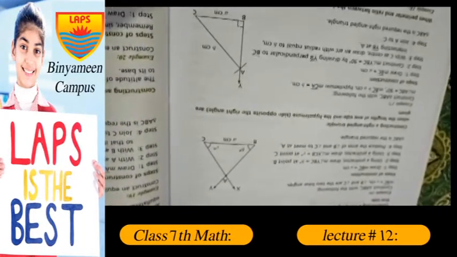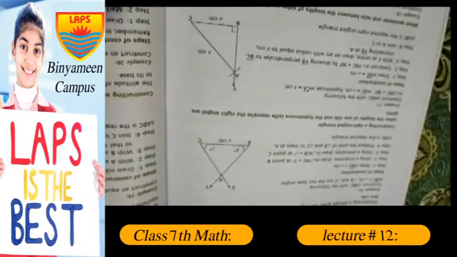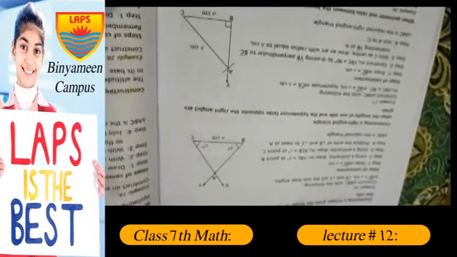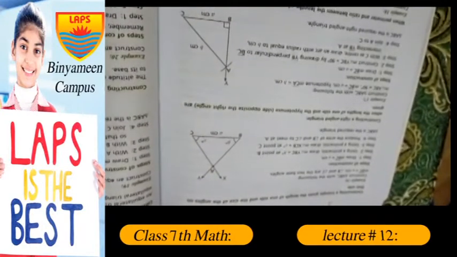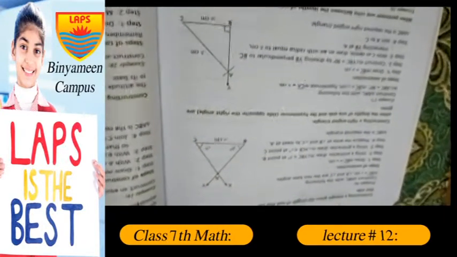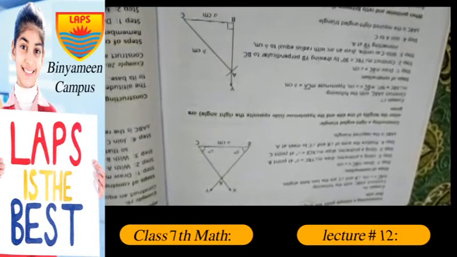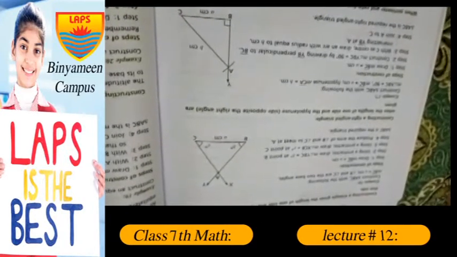Construct triangle ABC with the following: BC is equal to a, angle B and angle C are the 2 base angles. Steps of construction. Step 1, draw BC equal to a.